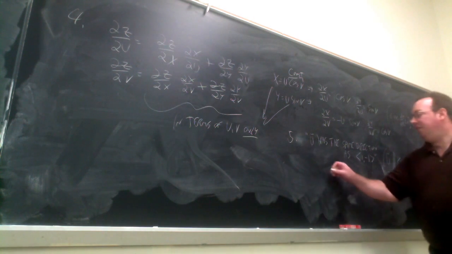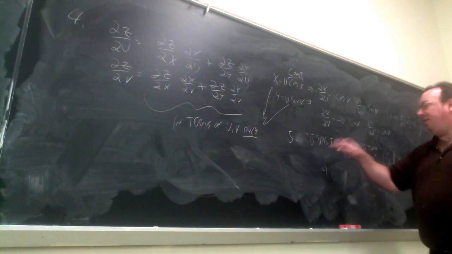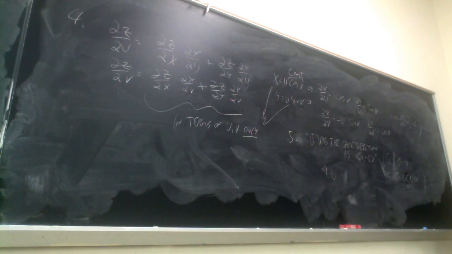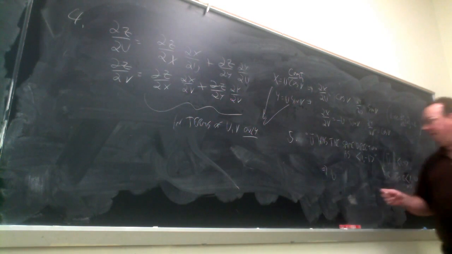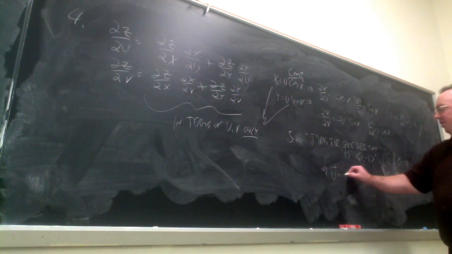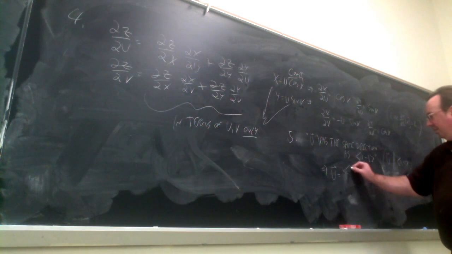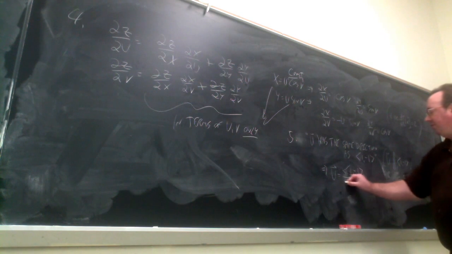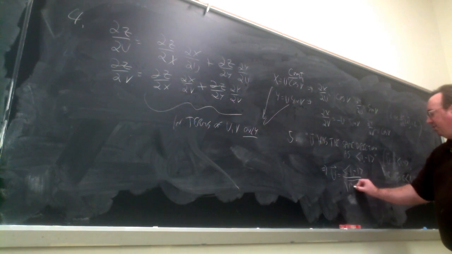So what that means, and now from what you also are supposed to know about directional derivatives, is that u has to be a unit vector, and people almost unanimously knew that. So u would be this vector divided by its magnitude.